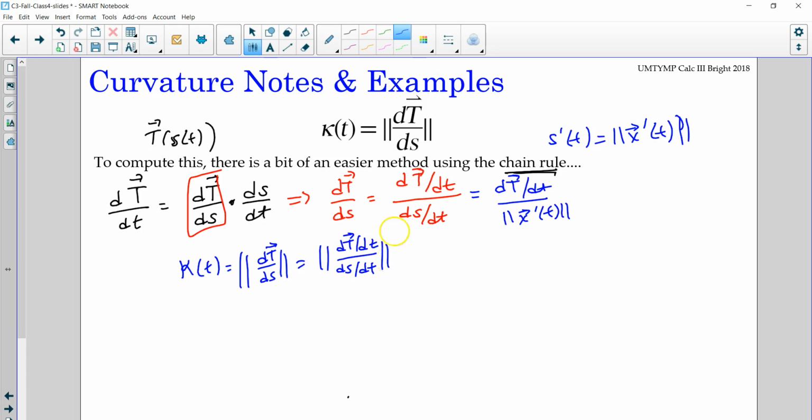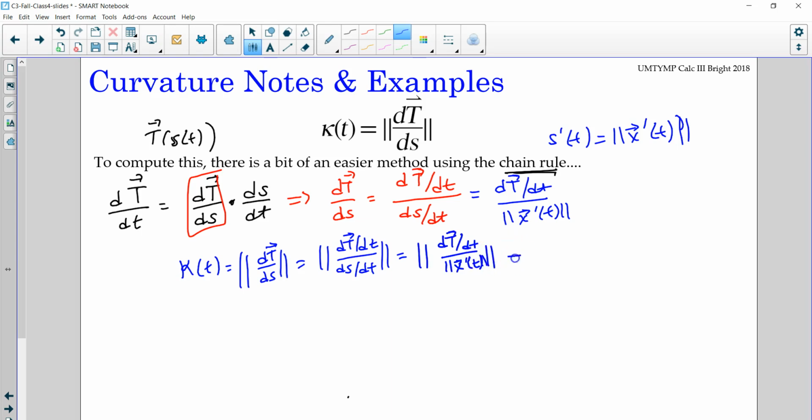And then lo and behold, I can write this as the derivative of the unit tangent vector per unit of time over the length of x prime of t, and I forgot another length symbol here.